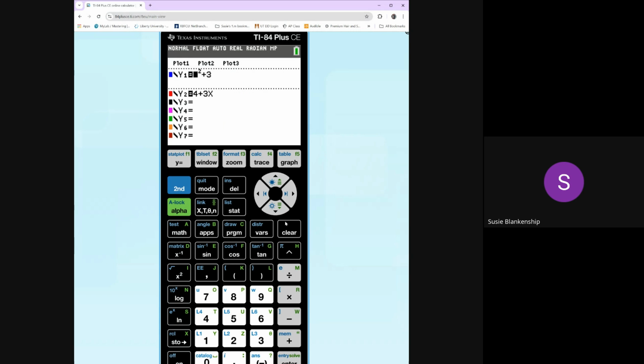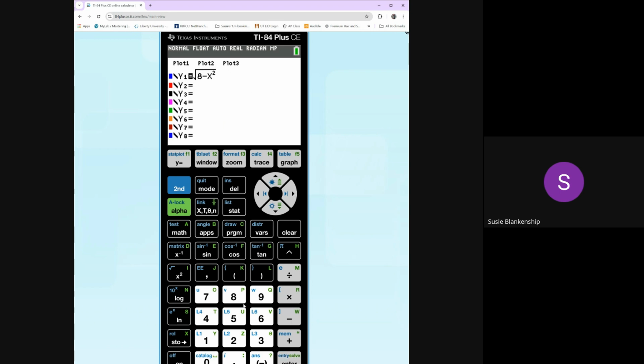Okay, so y equals, we're going to clear this out and clear this out. So for the first one that we had, y1 we said was the square root of 8 minus x squared.